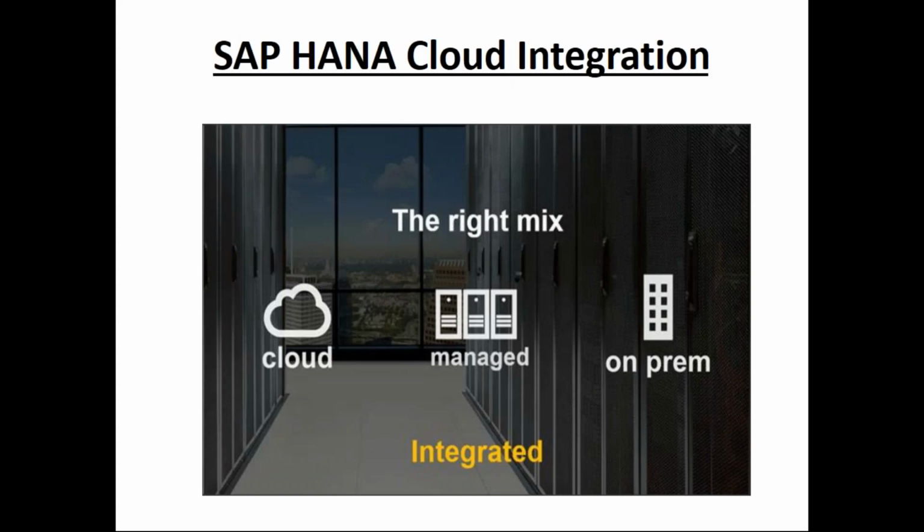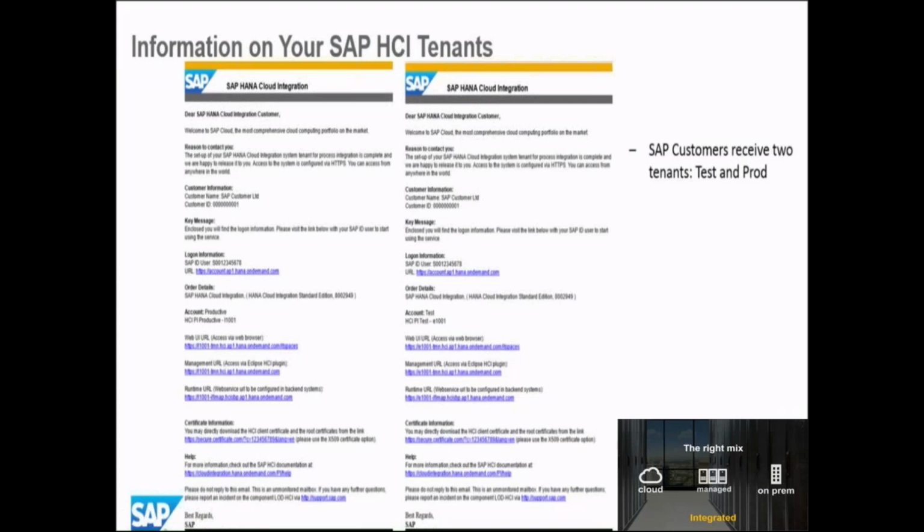So I am going with the very initial thing when you go with an HCI access. As soon as you want an HCI access, you mail SAP that you want it. They will provide you the pricing and package of the HCI.